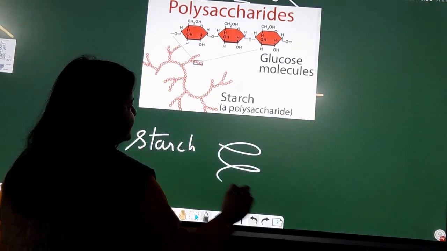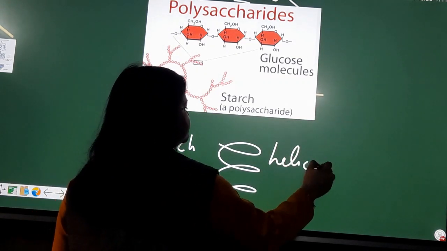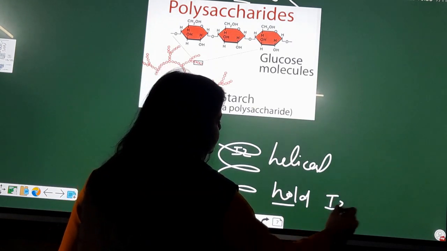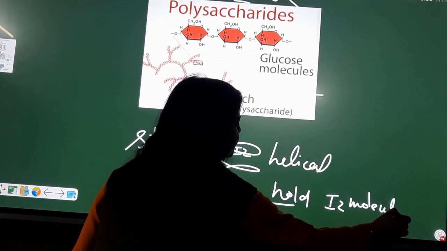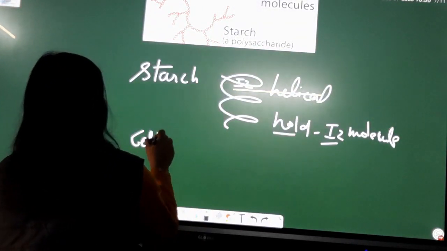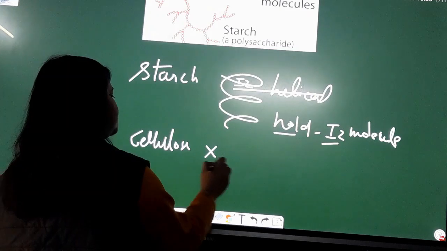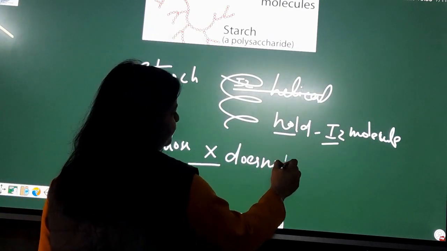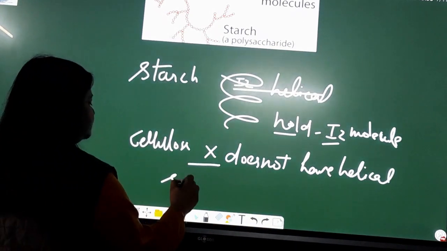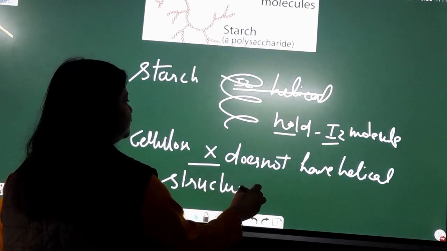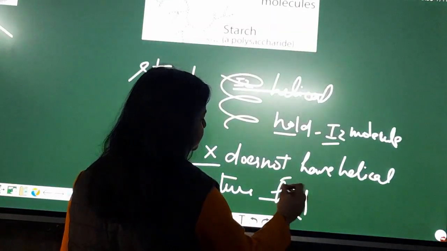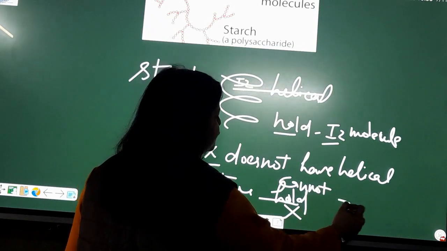Starch has a helical structure, so it can hold I2 molecules, while cellulose does not have a helical structure, so it cannot hold I2.